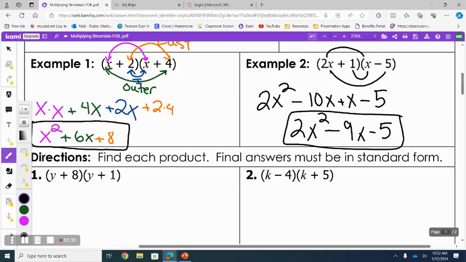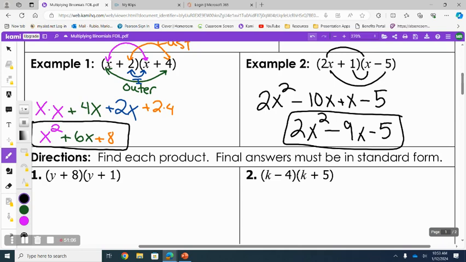What we do here is each little square is going to be the result of what's to the left and what's above it. So this square is 2x times x, which we know equals 2x squared. Okay, 2x squared. This box is what's to the left and what's above it, so that just becomes x.